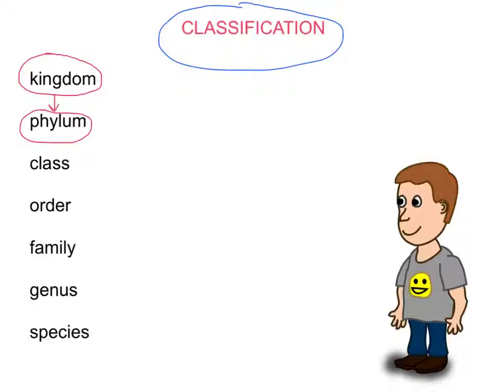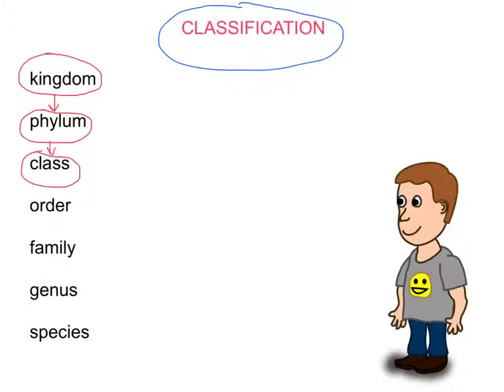So now we're going to go even smaller. If we're imagining that we want to classify or group a particular organism, we're going to put it into a category based on these 7 distinct subheadings. So we'll move down from phylum and we'll go even more specific. We'll think of the class. Now, I'm going to use humans in this example.